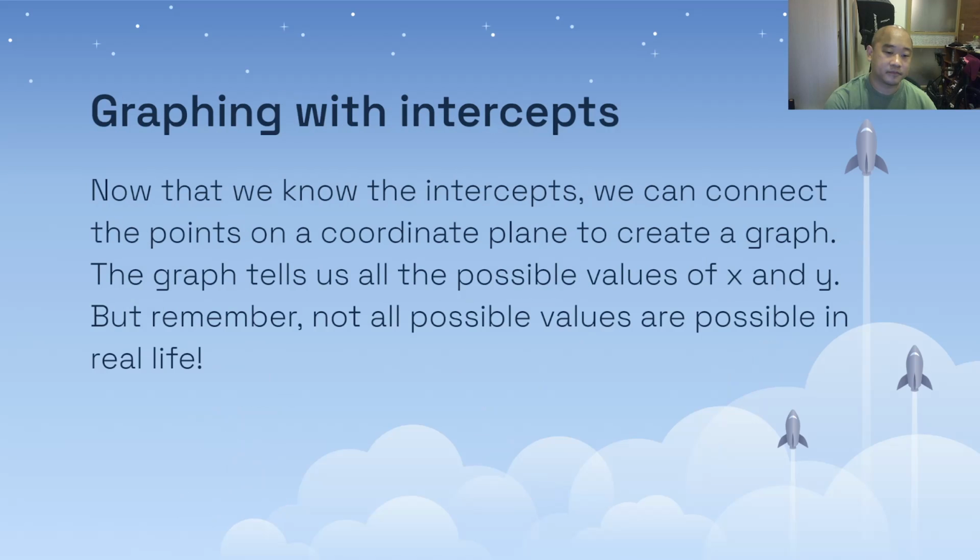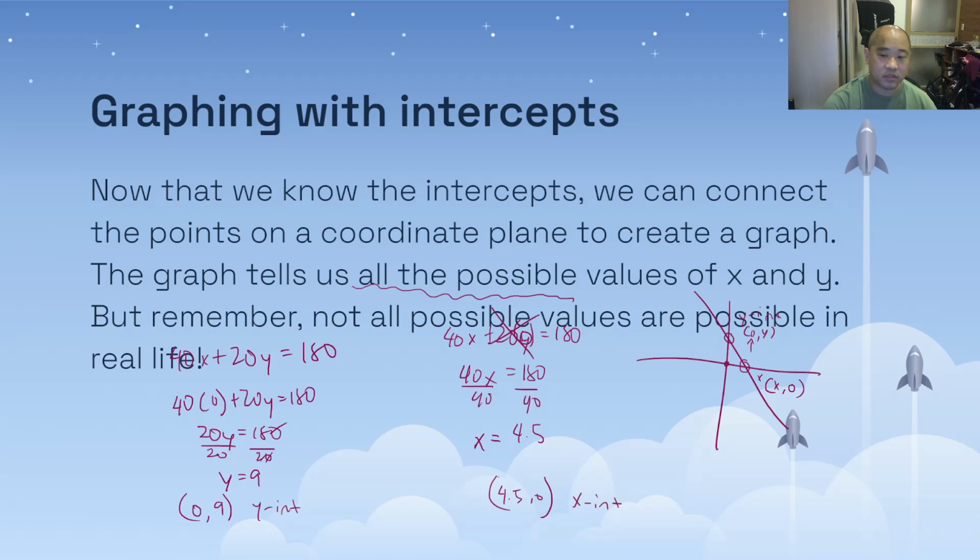Okay, this is turning into a long video, so let's try to finish this quickly. Now that we know the intercepts, we can connect the points. Maybe we should bring this stuff back. So now that we have these intercepts, we can use them to create a graph, and that's going to tell us every possible value of x and y.